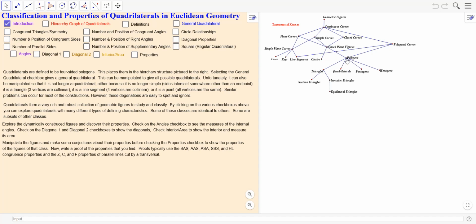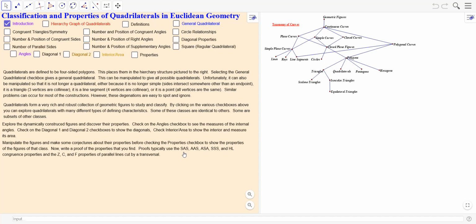And then polygons we can classify according to their number of sides. Triangles have 3 sides, then quadrilaterals, pentagons, hexagons, and so forth. And we're going to focus in on quadrilaterals here for a while. Notice that we can look at this, and there are many cool types of subclasses of quadrilaterals.